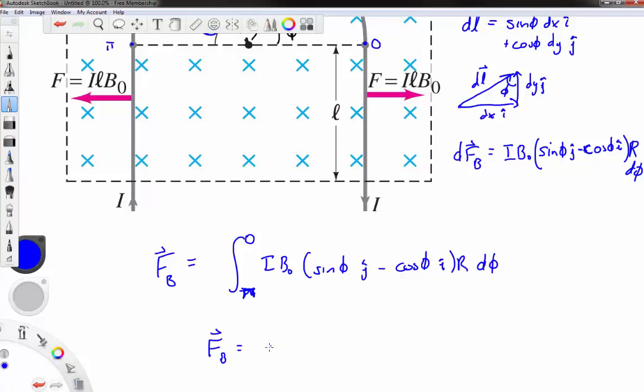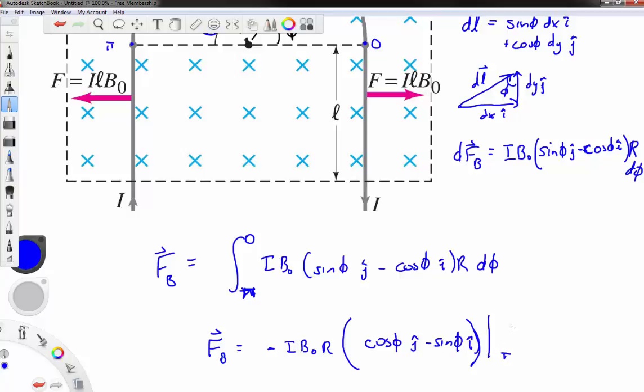Fb should be equal to negative I b naught r times cosine phi j hat minus sine phi i hat.